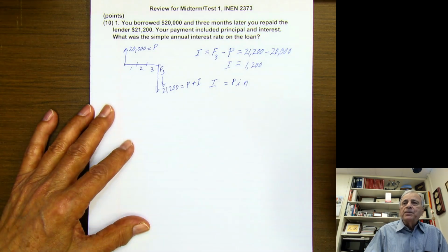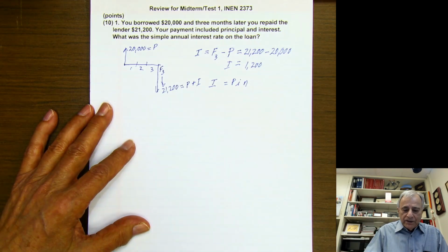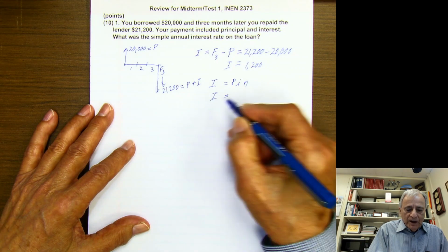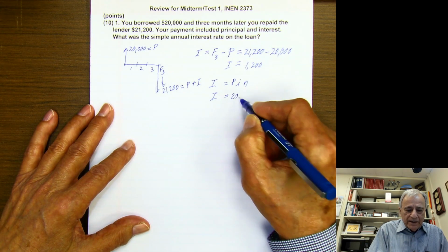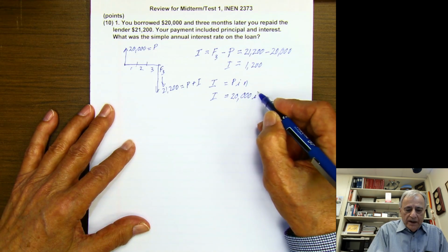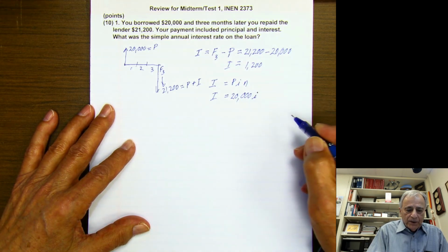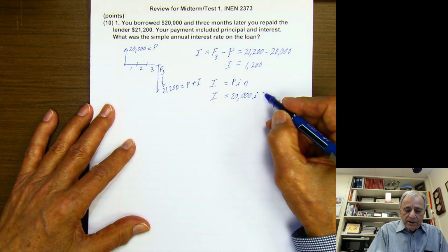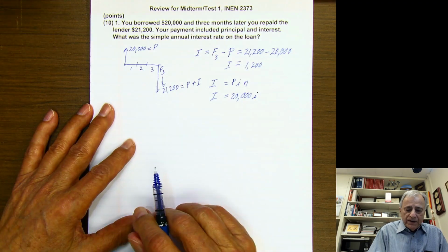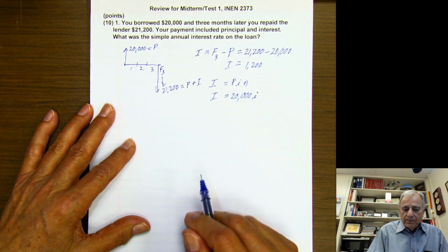So I is equal to 20,000, that's the original principal, times the interest rate, which we're trying to solve for, times the number of periods. It says the annual interest rate, so we'll put N as the number of years.